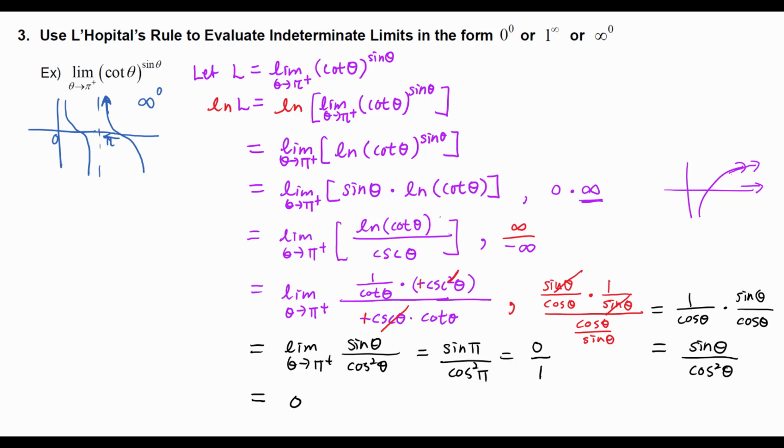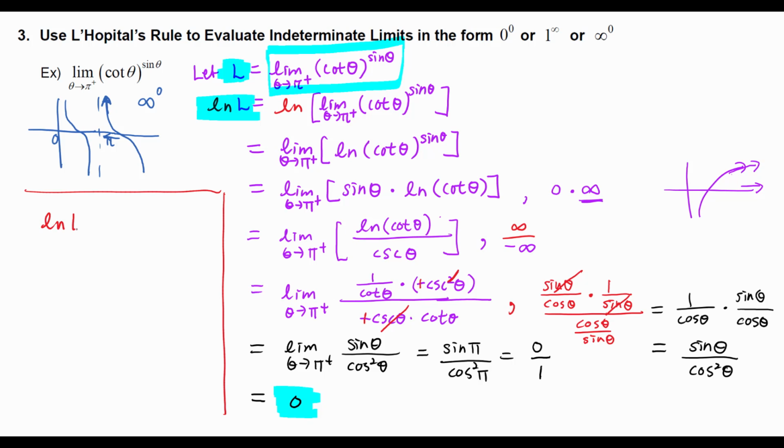But that's not the answer again, right? What I have is ln of L equals 0, and I have to find what L is, since L is the limit as theta approaches pi from the right of cotangent theta to the sine theta power. We are going to figure that out on the side again.